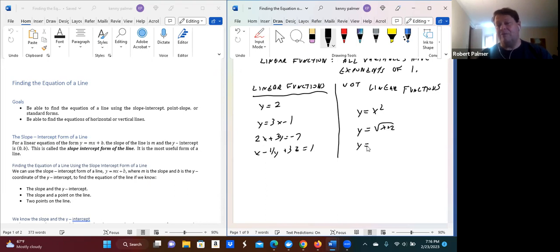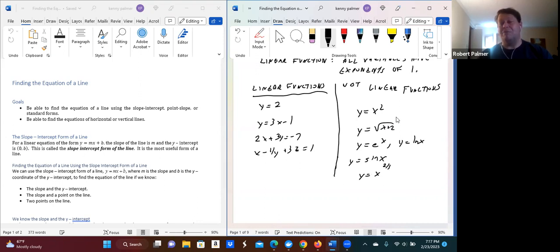Or if you have any other kind of function like e to the x, y equals the natural log of x, trig functions like y equals sine of x, or different powers, like y equals x to the 2/3. The main thing is other functions of x, like exponents, logs, sines, or any power that's not 1. These are not linear functions.